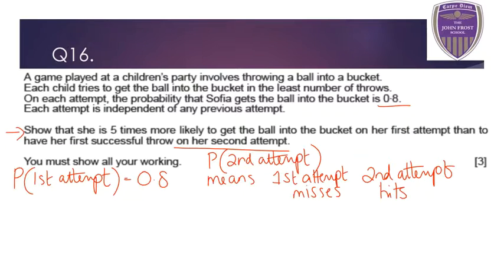So first attempt misses, if it goes in is 0.8, that must be 0.2, because it'll either go in or it won't go in. And the second attempt will still be the 0.8. So when you work out the answer, you'll get 0.16.